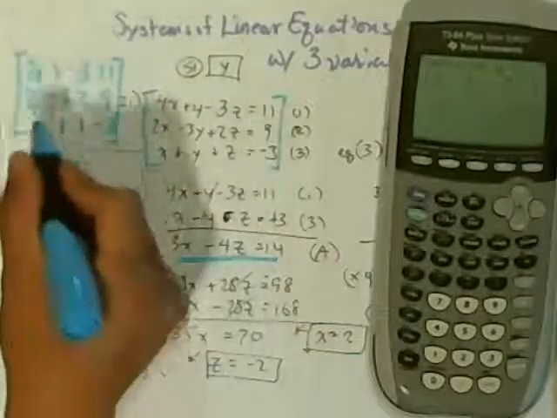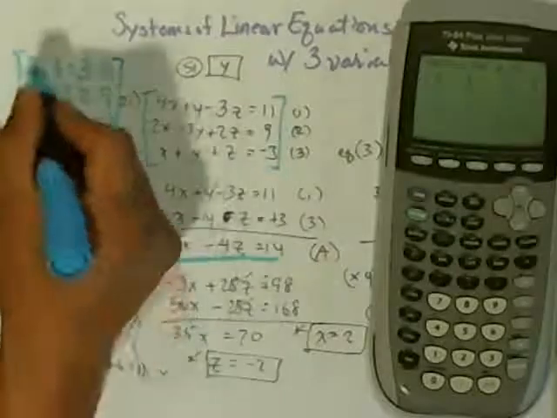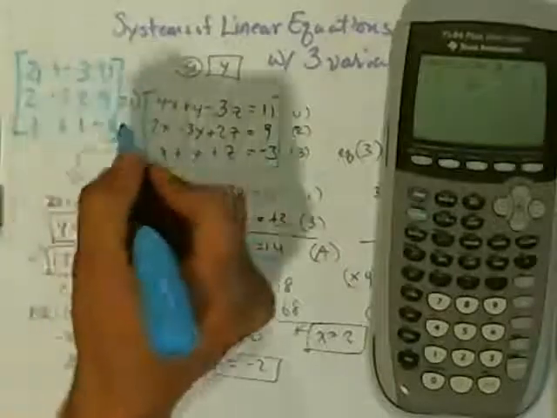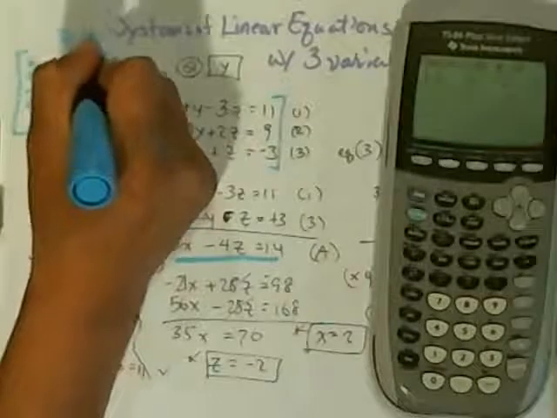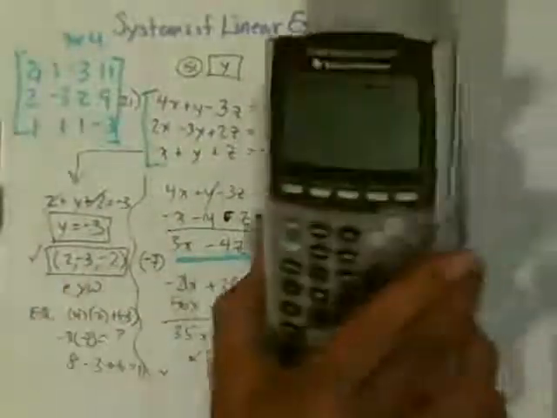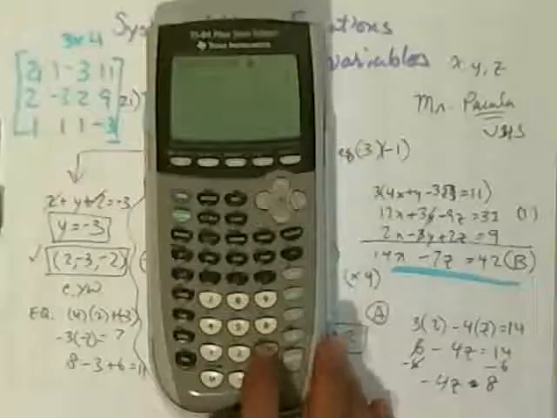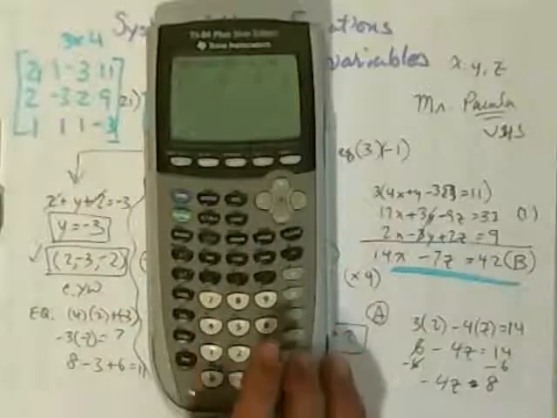If you ever work with a matrix, it's rows by columns, so the dimensions are going to be 3 by 4. So here we go. I'm going to put 3, enter, 4, enter.